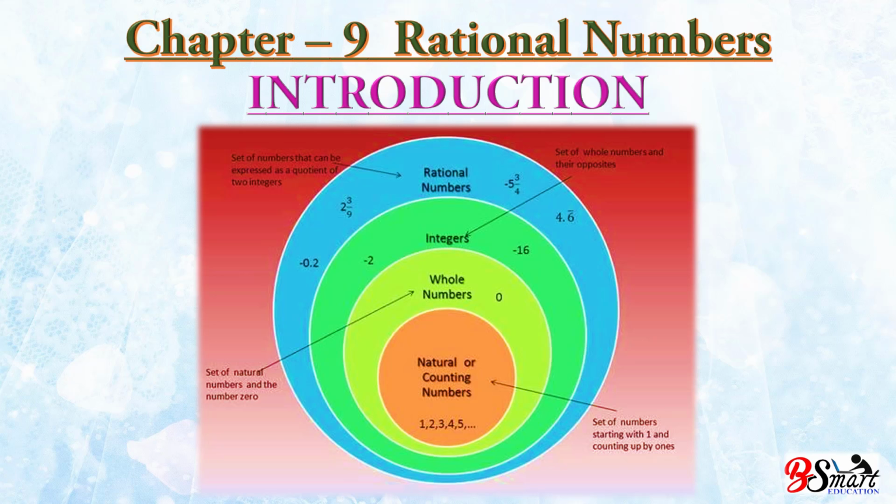You compared two fractions, found their equivalent form and studied all the four basic operations of addition, subtraction, multiplication and division on them. In this chapter, we shall extend the number system further. We shall introduce the concept of rational numbers along with their addition, subtraction, multiplication and division operations.